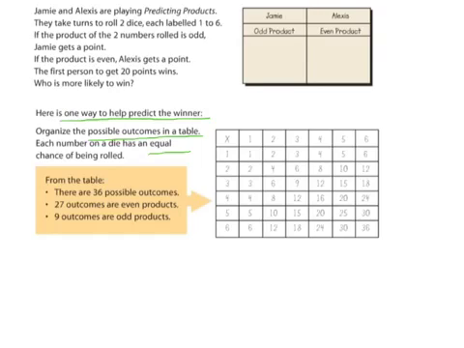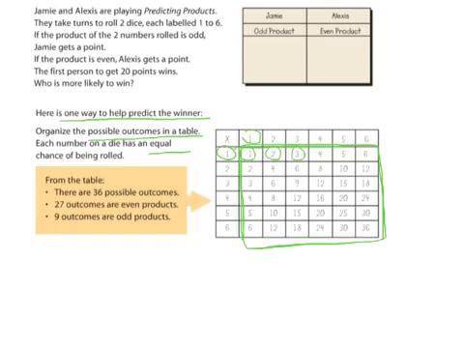It's an equal chance. So if you rolled a 1 and a 1, the product would be 1. If you rolled a 1 and a 2, the product would be 2. 1 and 3, 1 times 3 is 3, and so on. So these are the possible products that could have been reached.